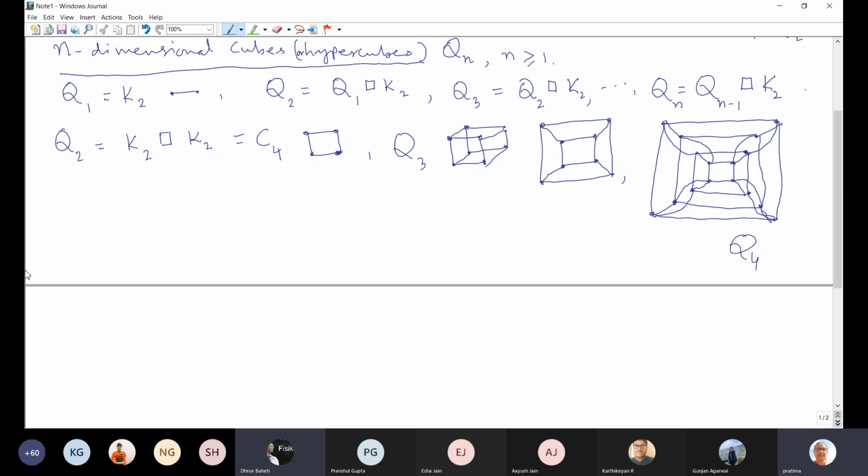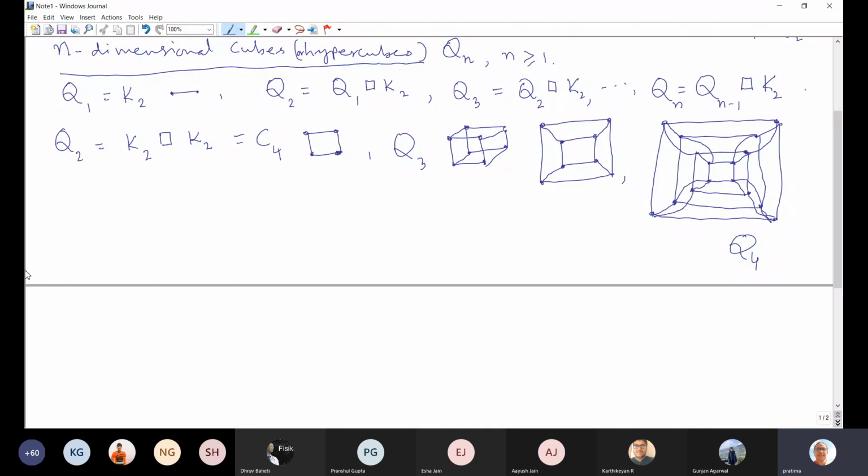See, another way also we can represent this n-dimensional hypercube. This is one way that we have defined, the recursive way using this Cartesian product operation.